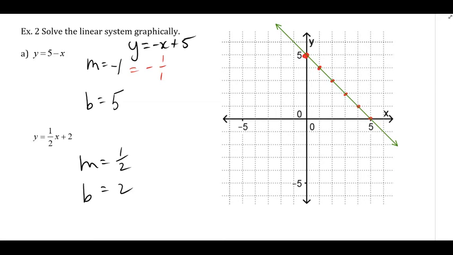And then the other one is up 2. And then rise of 1, run of 1. So 2. Up 1 over 2. Up 1 over 2. Down 1 over 2. Down 1 over 2.